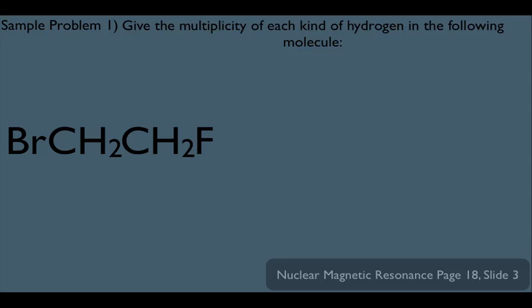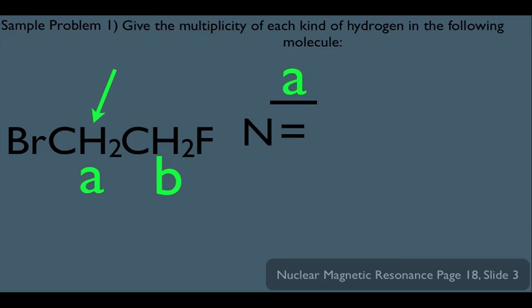What you do is start out with the first aspect of NMR, figure out how many types of hydrogens are in your sample. We'll start right here and call these the A-type hydrogens, which would make these right here the B-type hydrogens. Now that we know that, let's start out with the A hydrogens and figure out what their N value is going to be. Again, remember, you focus on the hydrogens here.